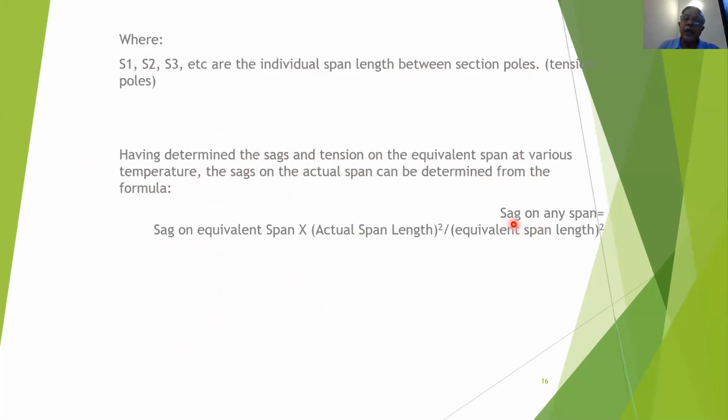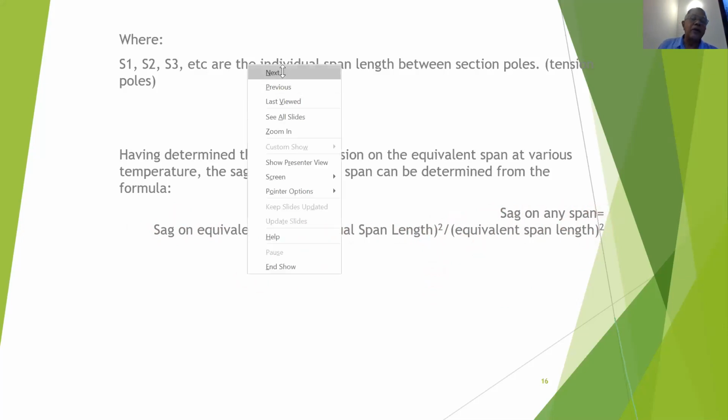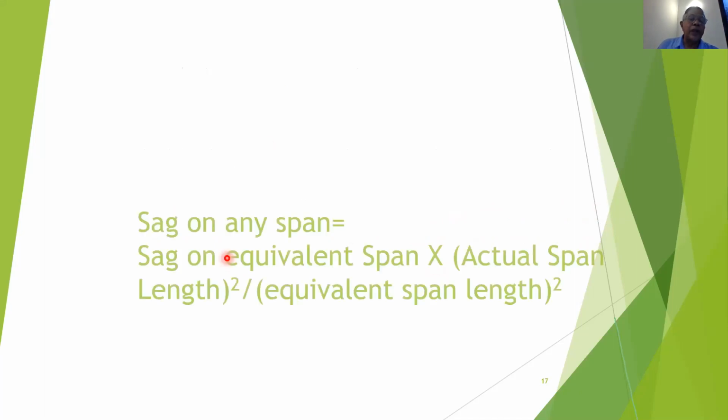This one: the sag on any span equals the sag on the equivalent span times the actual span squared over the equivalent span squared. So with this equation, you can get the sag on any span. Yeah, this is the equation.